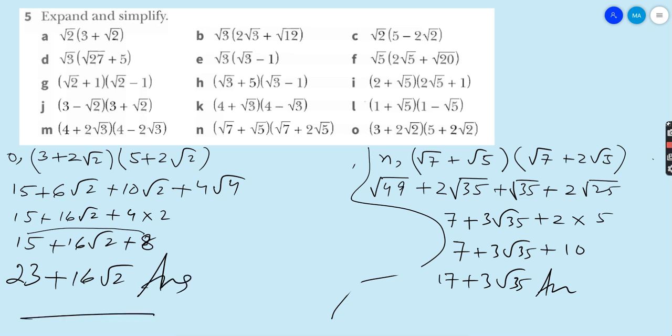This is the answer of part O. Answer is 23 plus 16 root 2.